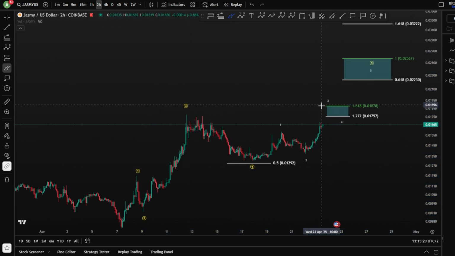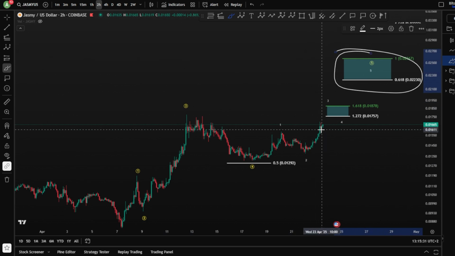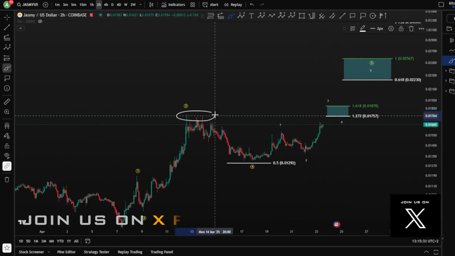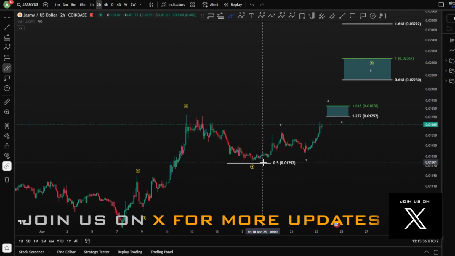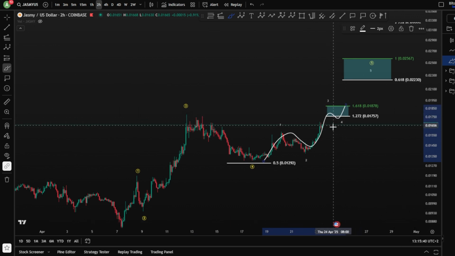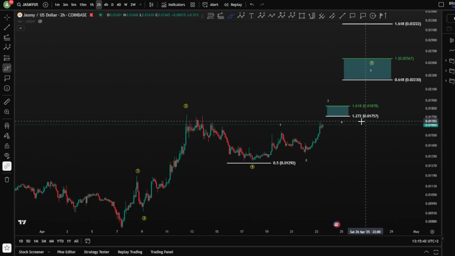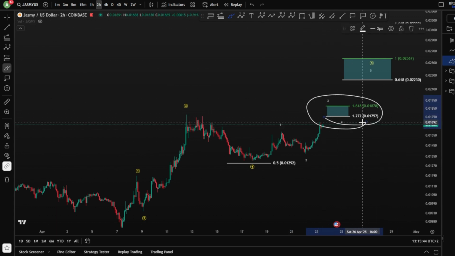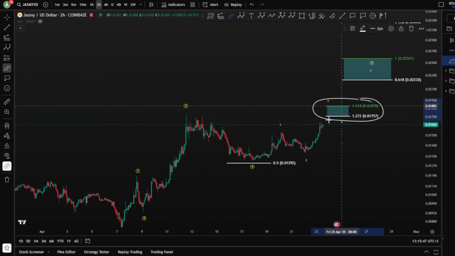Don't forget, a wave 5 is not necessarily going to reach those fib levels. It is more than enough to simply take the high in a 5-wave impulsive structure to call it a finished wave 5. So basically, the highest possibility here is at least to reach those fib levels.